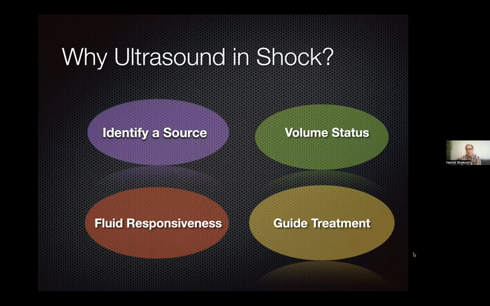These are two completely different spectrums in terms of the management you want to do. You are also looking to see the volume status and, more importantly, whether the patient is fluid responsive.